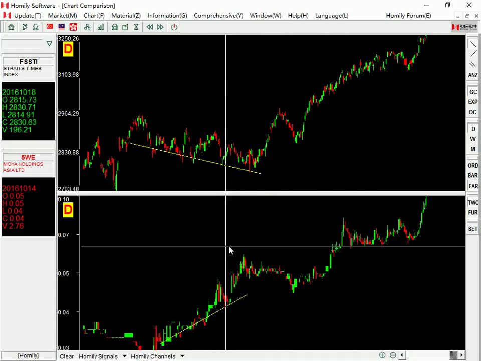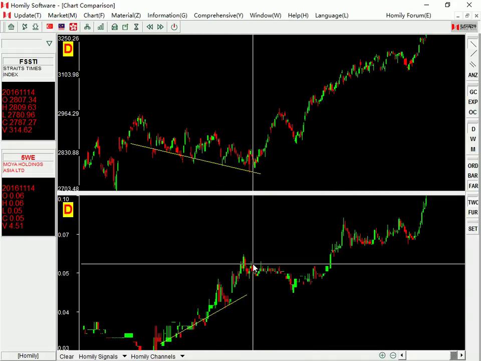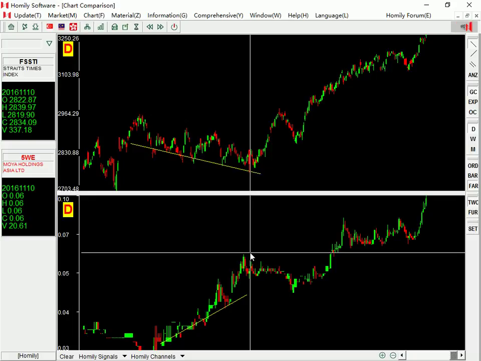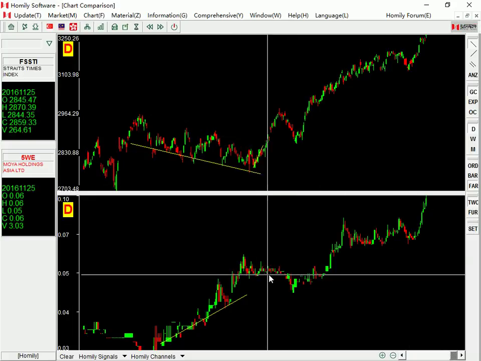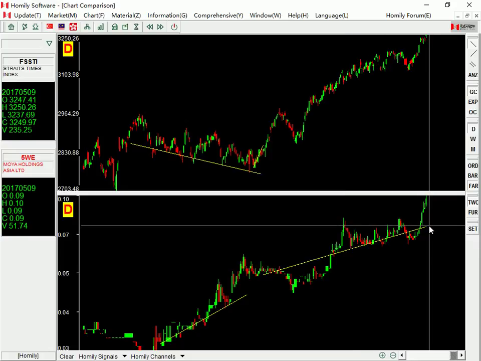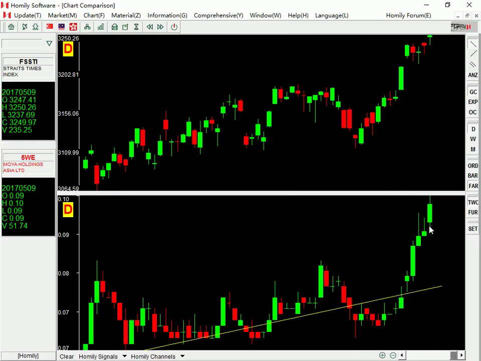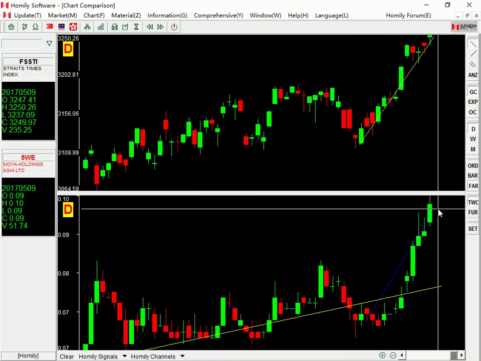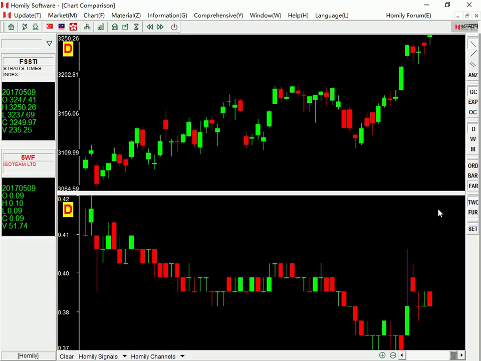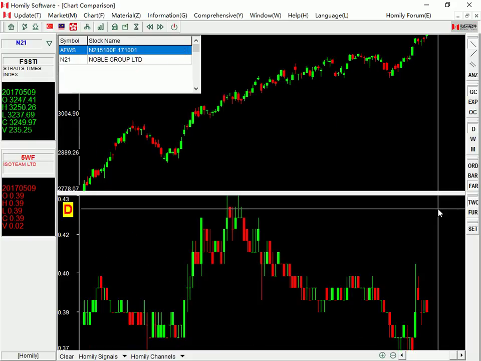So if you see this stock stronger than the index, what should we do? If we see the market go up, this is a good buy point. So we can still keep it. But nowadays, the market goes up, the share goes up. So still the same direction. Okay, so let's see the next one.